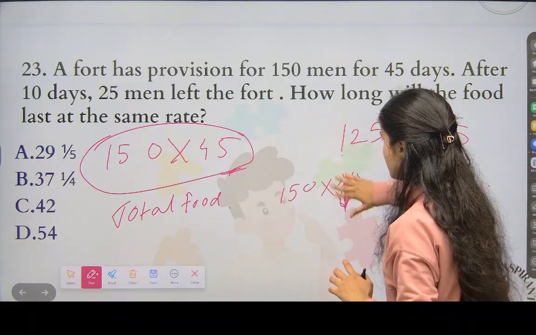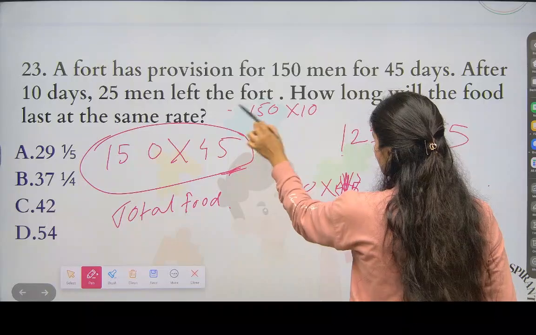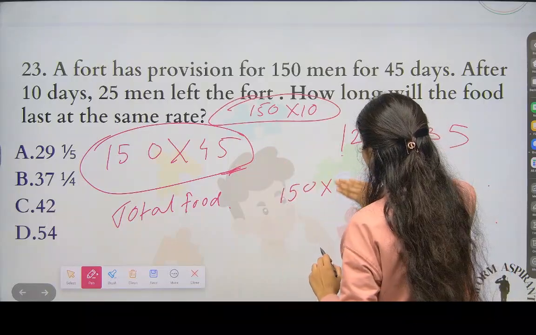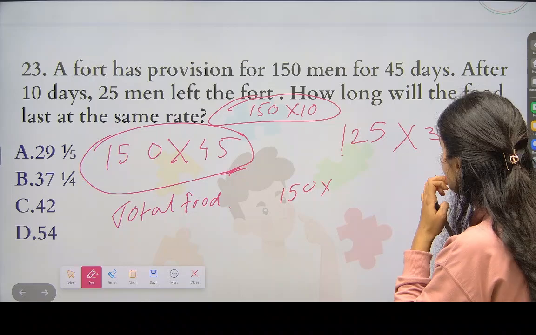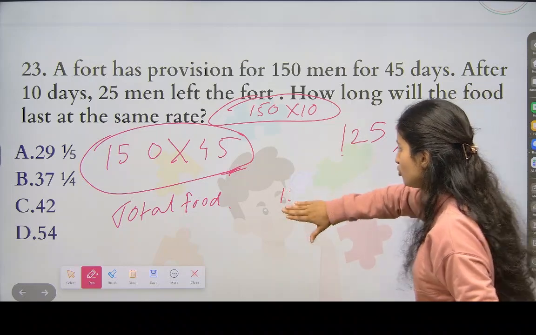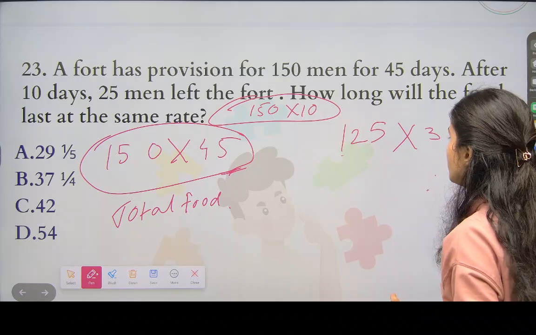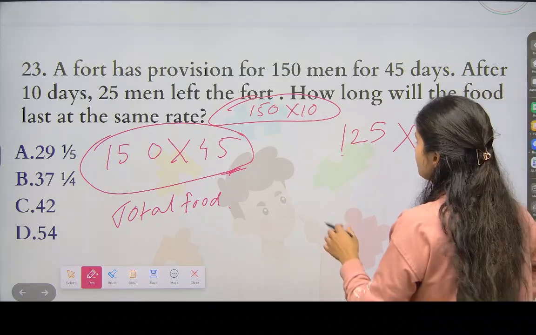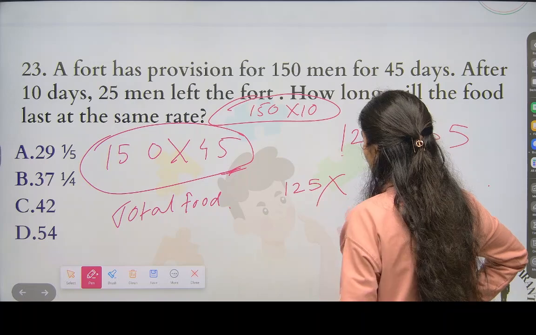Means how much food is eaten? This much food they have eaten. 150 people, and for 10 days they are eating food, so this much food is already eaten. 25 men left the fort, so 125 men for how much?